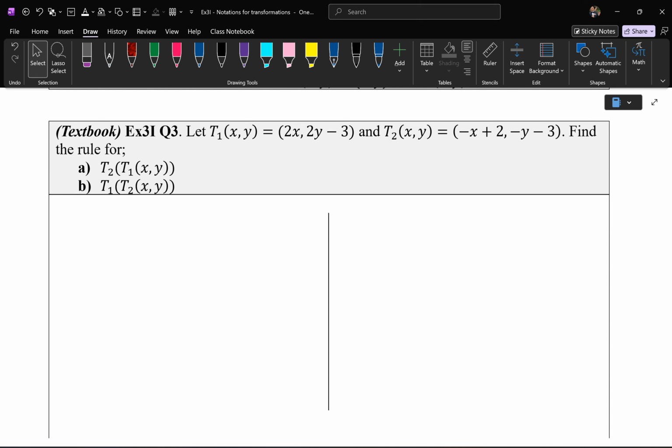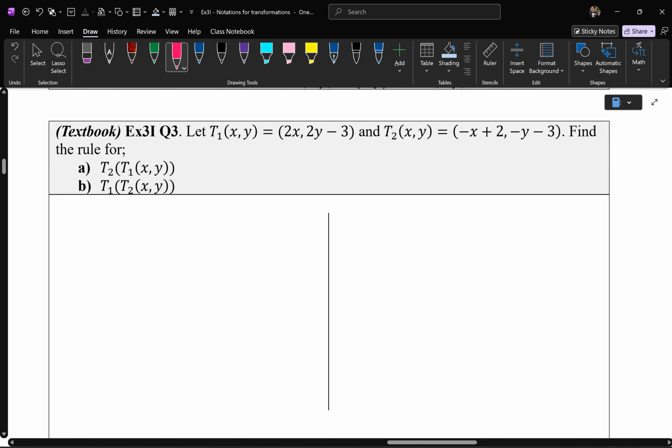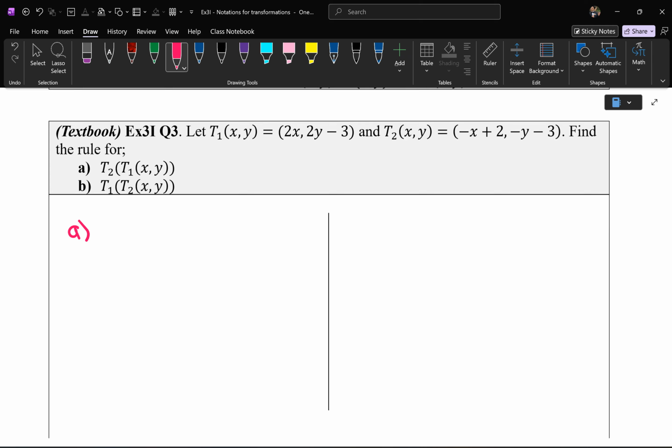What does that mean? So, let's do A. When you say T2 with T1 subbed in, T1 is 2x, 2y minus 3. That's the transformation. What's the transformation for T2? T2 is meant to equal negative of x plus 2, and then you've got negative y minus 3, right?